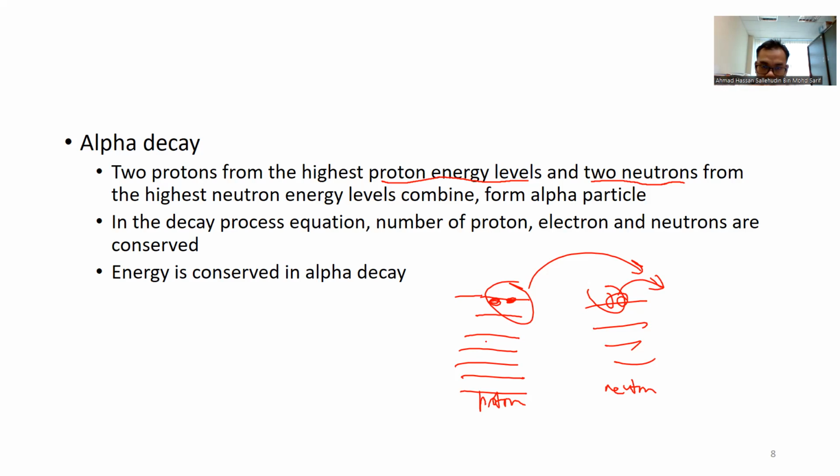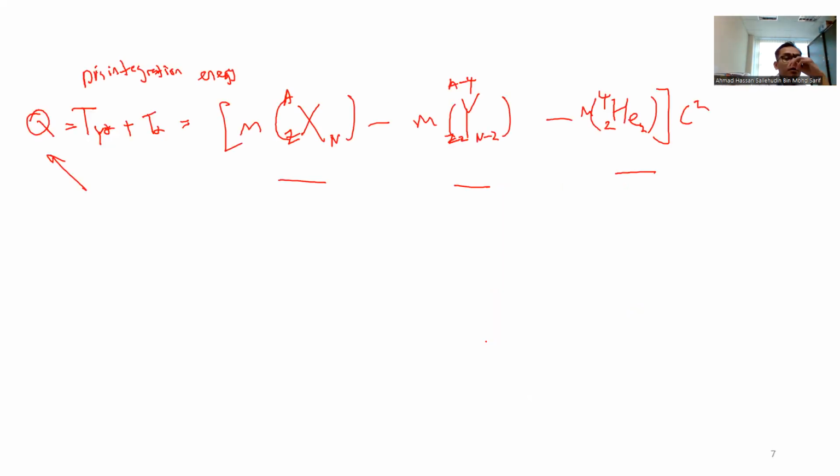In the decay process equation, the number of protons, electrons, and neutrons are conserved. You can check that. A minus 4 plus 4 equals A, so it's conserved.